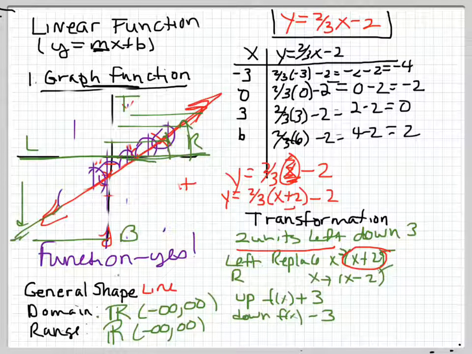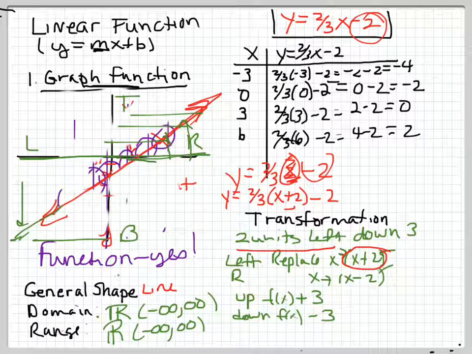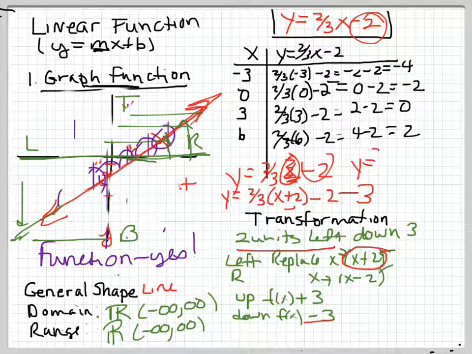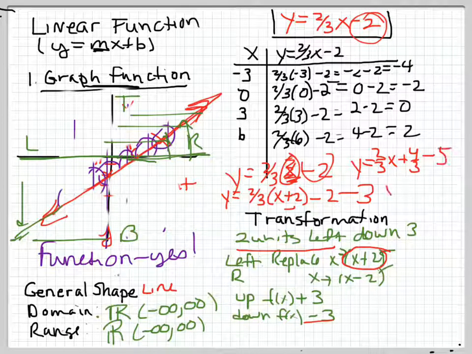Then I have minus 2 still part of the graph. And now if I want to go down 3, I put another minus 3 behind that. So when all is said and done, I have y equals 2/3 x plus 4/3 minus 5. I got y equals 2/3 x minus 11/3.